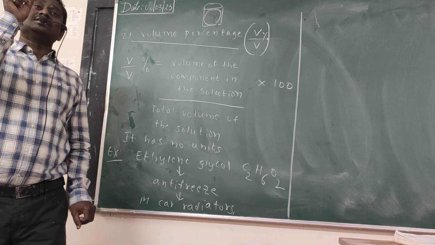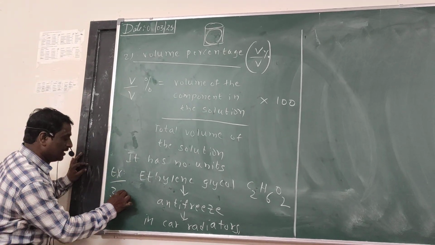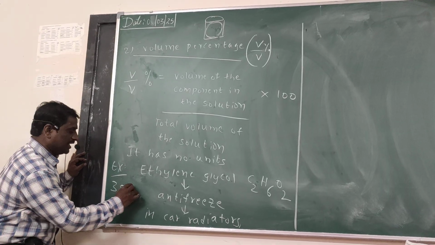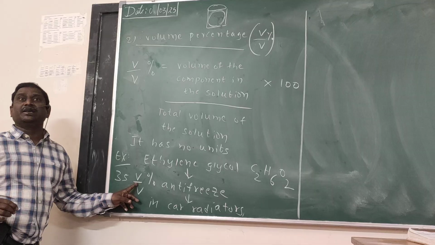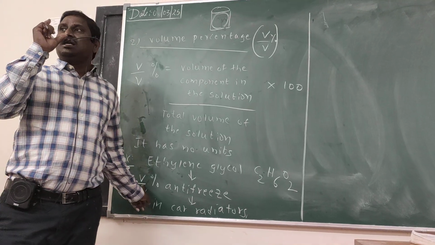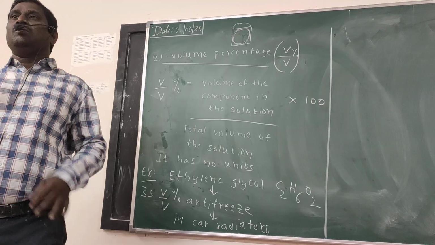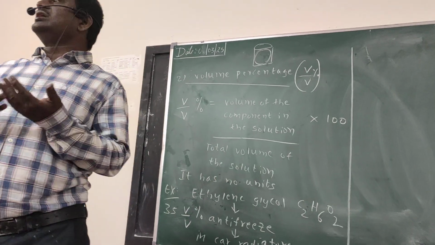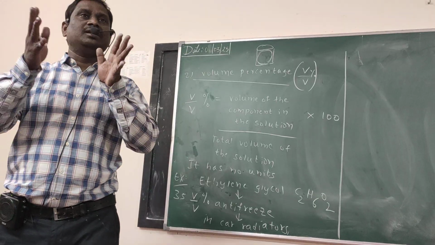How much percentage we should add is also important. 35 volume by volume percentage. That means in the car radiator, if ethylene glycol is not added, only liquid is there, and it will completely freeze. Then the car will not start.